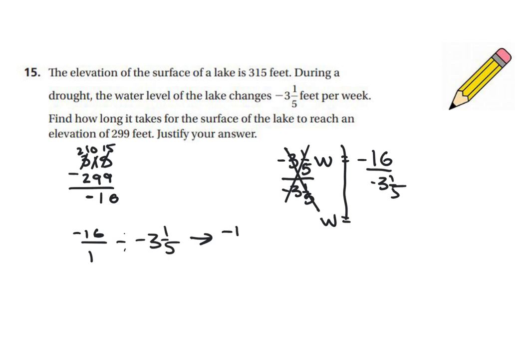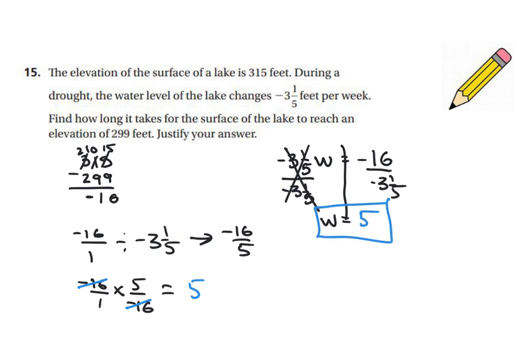So that's going to be -16/5. And then we are going to keep the first fraction, and then we're going to multiply by the reciprocal, which is going to be 5 over -16. And there you can see that you can cross simplify. -16 over -16 is just 1, so you end up with 5. So W equals 5. It says find how long it takes, 5 weeks.